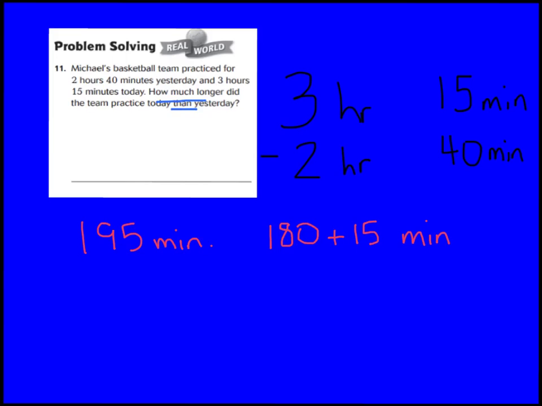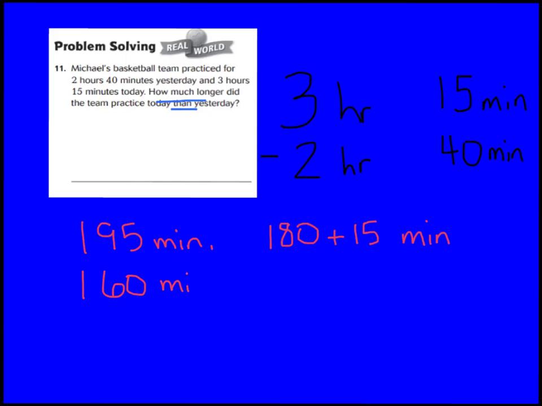Now let's look at the second hour. It says 2 hours, 40 minutes. So 2 hours would be 2 times 60. 2 times 60 is 120 plus our 40. So 120 plus 40 would equal 160 because 20 plus 40 is 60.